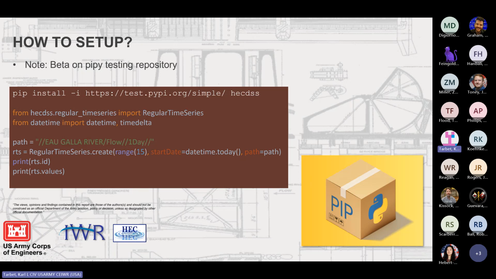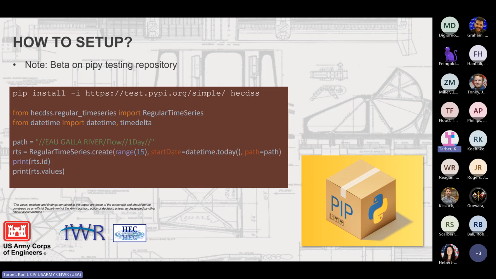And from there, it's as easy as importing our DSS time series object, and having the path for the specific DSS entry that we want to make within the file. And here's just a quick example of us generating a time series from scratch, just a simple range from 0 to 14.